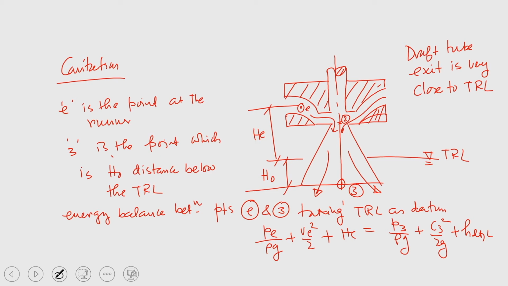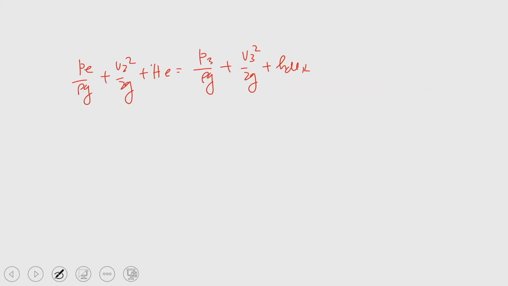If we write it here, that means we have written V equal to V2.